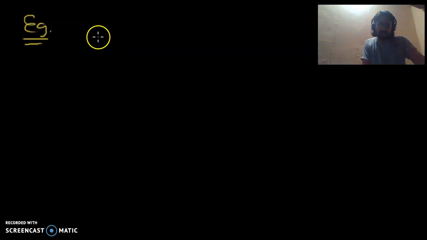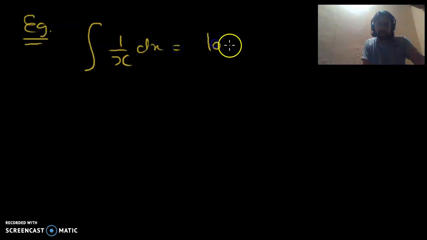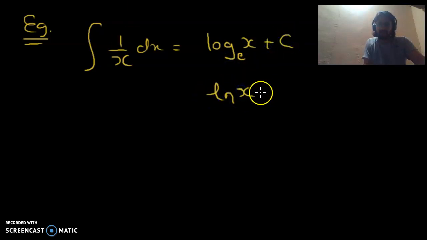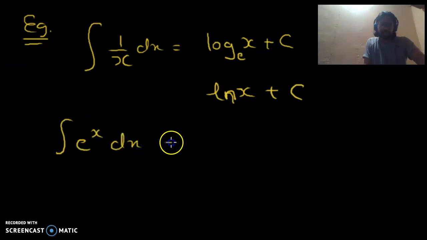So what is the integration of 1 by x dx? Log x, actually natural log, ln x plus c. In books you will find ln x, natural log, plus c. And what is the integration of e to the x? Same e to the x.